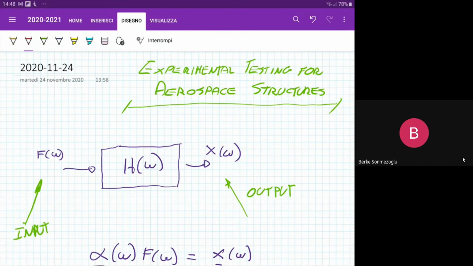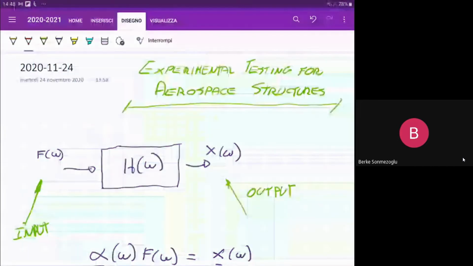But when you are dealing with experimental activities, with experimental structural dynamics, then what you have is just the capability to excite the structure and to measure the output. So the only way to characterize your system from the experimental point of view is just the evaluation of the frequency response function.